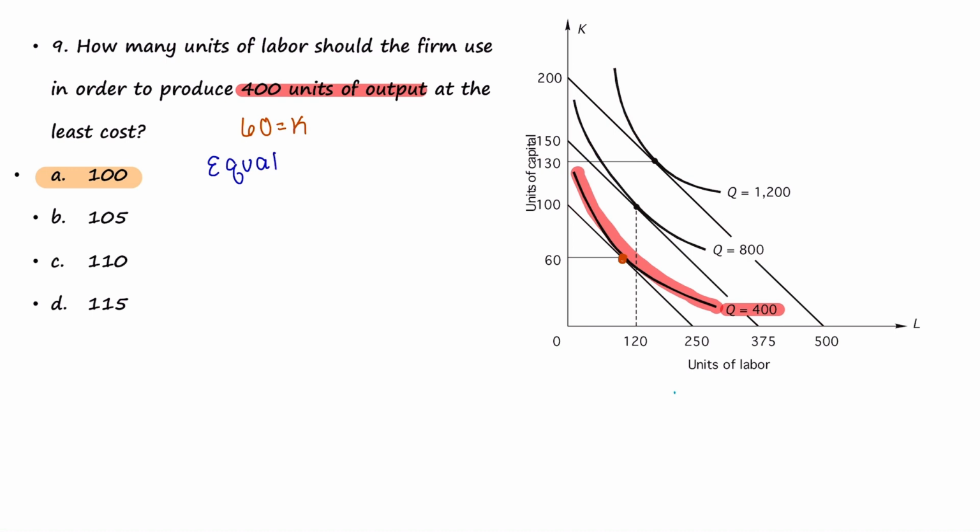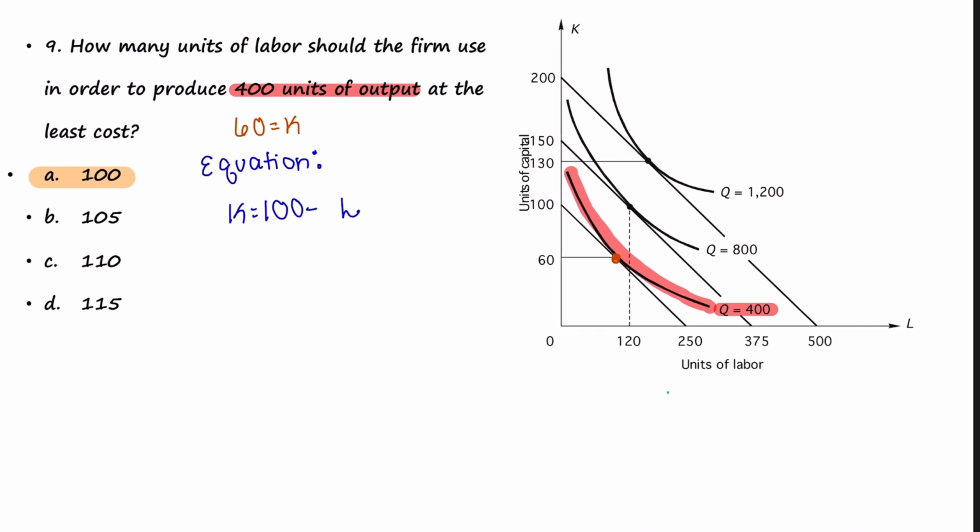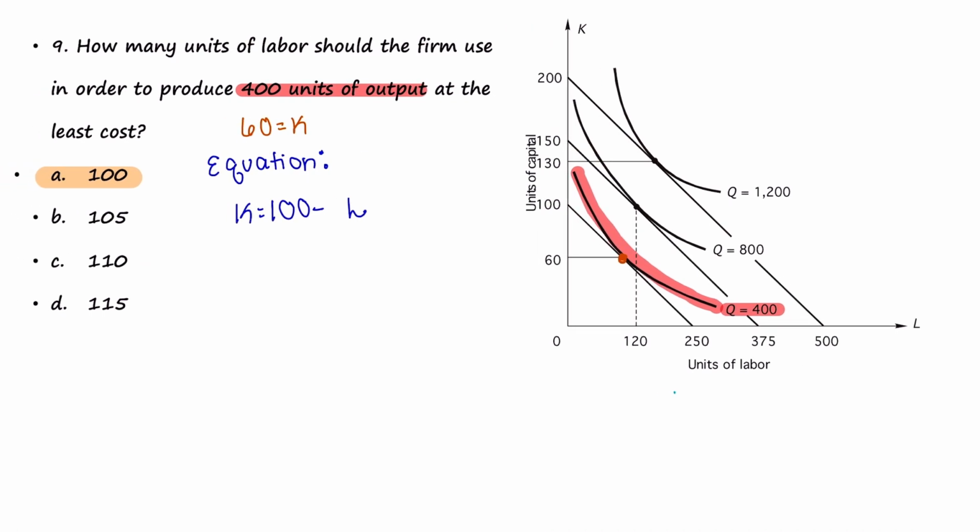So to find our equation, we're going to have K equals 100 minus something L. And to find our something, we're going to use our marginal rate of technical substitution formula, or our slope formula, whatever you really want. It doesn't really matter. If you're using your marginal rate of technical substitution, then there's an extra negative sign.